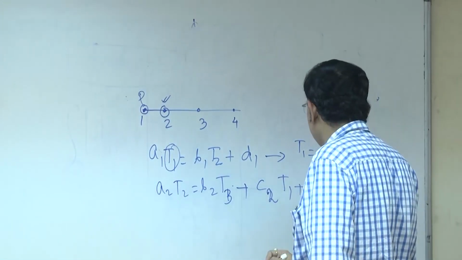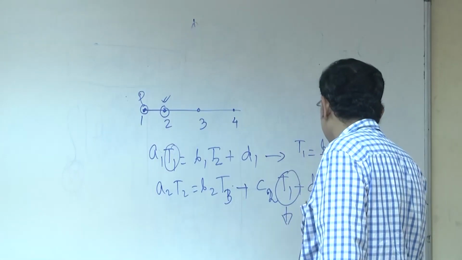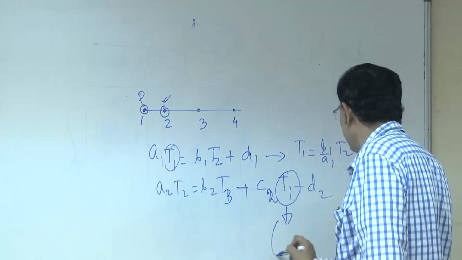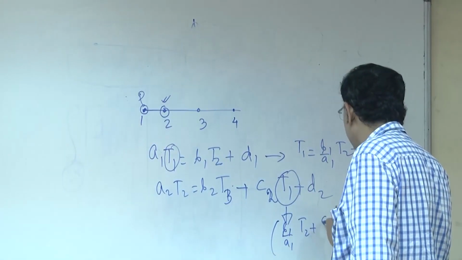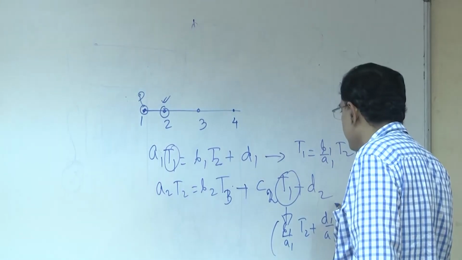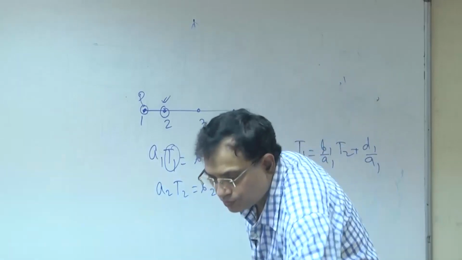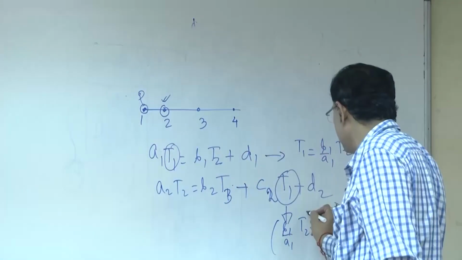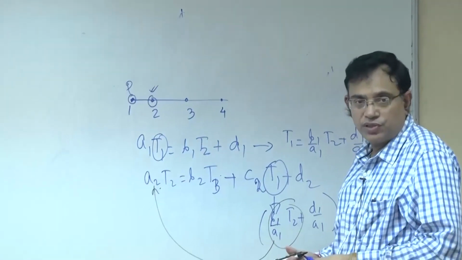So now if you substitute that here, it will be B1 by A1 into T2 plus D1 by A1, right. So now you have a term with T2, which you can club up with the other coefficient which is there as T2.